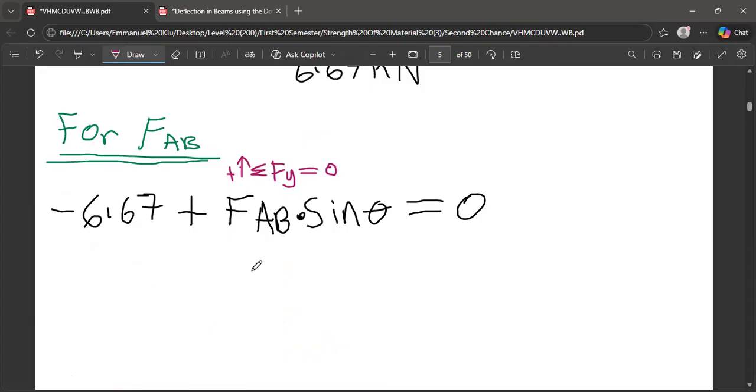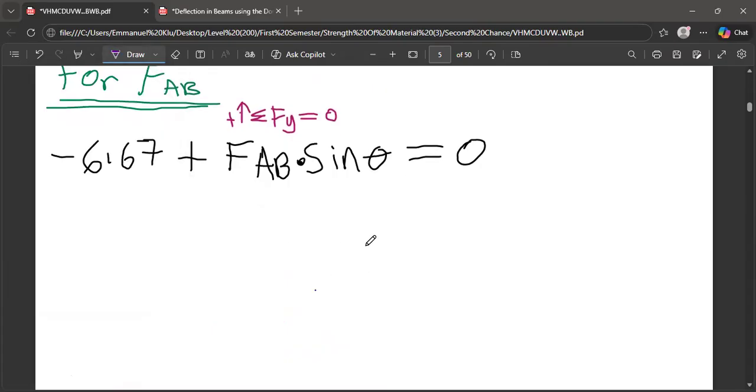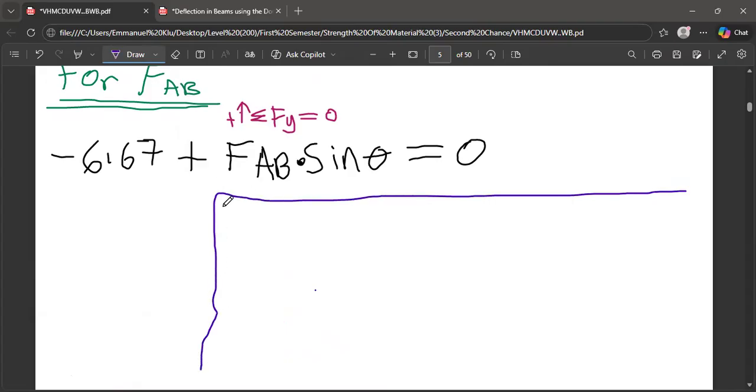So finally, but you have to know something, and that is this. I'm going to draw something over here to explain something before we move. You have to take note of the sine theta.